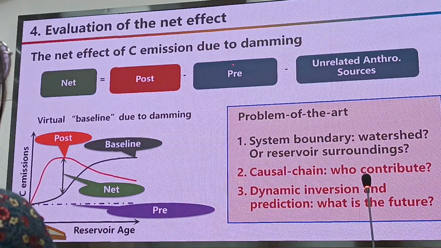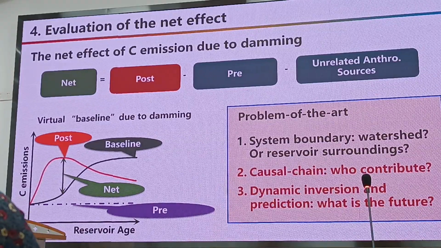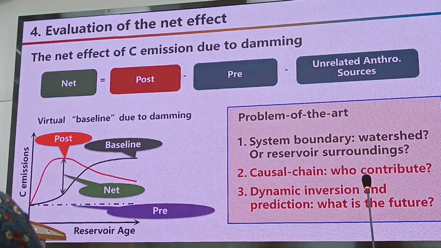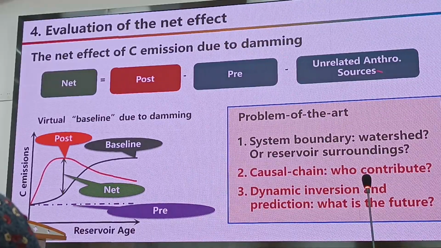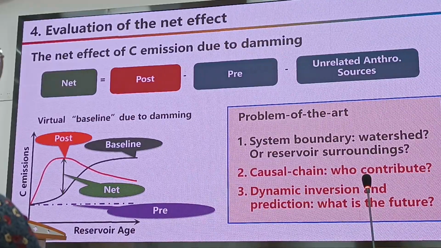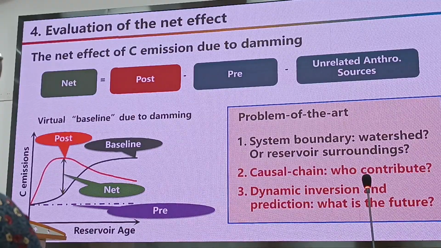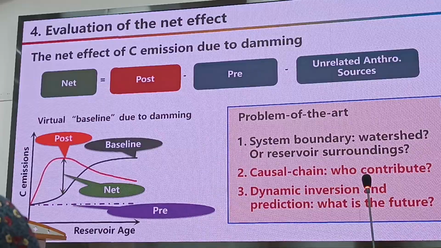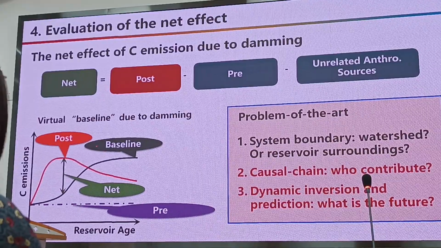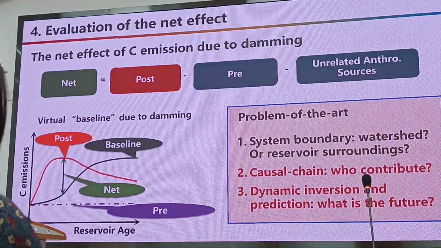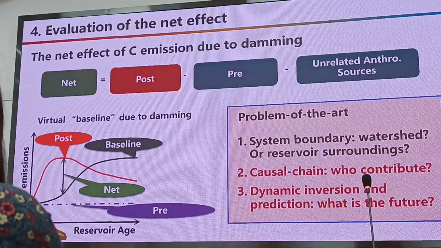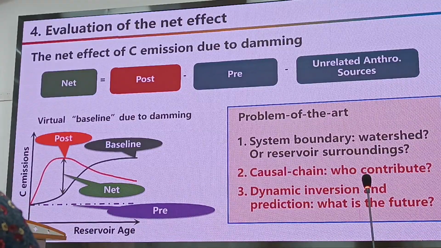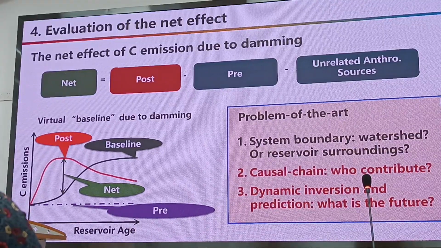So you have to exclude the pre-impoundment, and you also have to exclude the unrelated. If you combine these two green parts, it's a kind of visual baseline of emission due to damming. So this is pre-impoundment, before the impoundment, and this is the post-impoundment, which is what we mean by the gross emission, and these are the baseline. The difference between the baseline and the post-impoundment emission is the net.